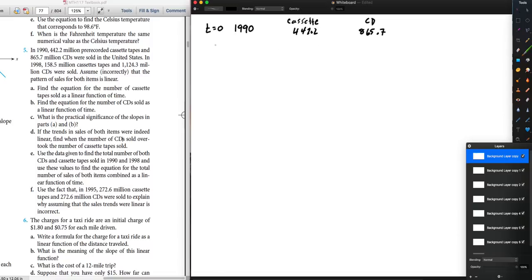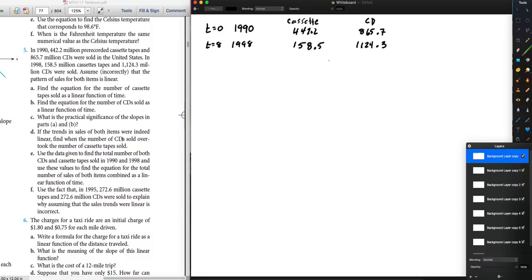And then in 1998, so that is going to be 8 years later, t equals 8 is going to be 1998. And in 1998, there are 158.5 million cassette tapes and 1,124.3 million CDs.